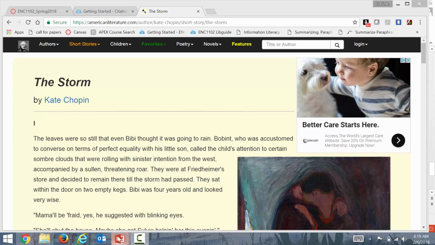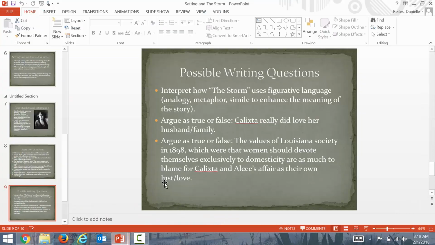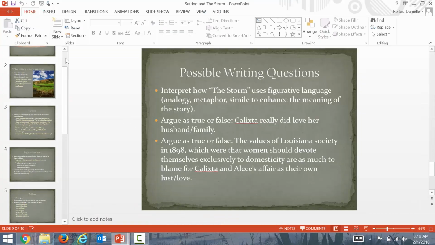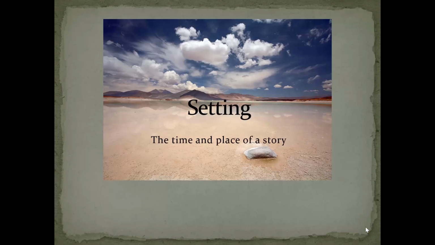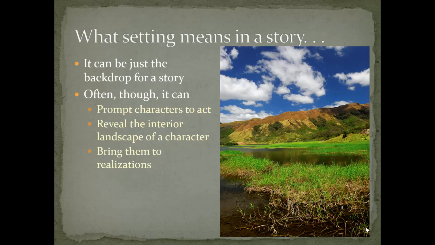First, I wanted to talk a little bit about The Storm very briefly, and give you some information on that. The Storm is known for a lot of things. One of the things that it's a good example of is how setting can influence a story. So, setting is the time and place of a story, and this can include lots of different things.